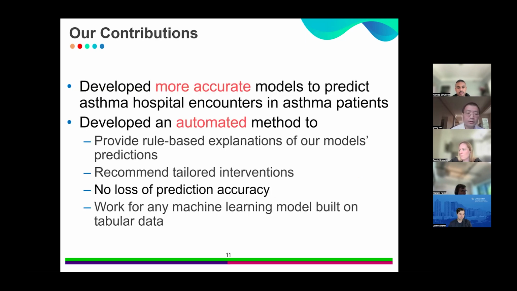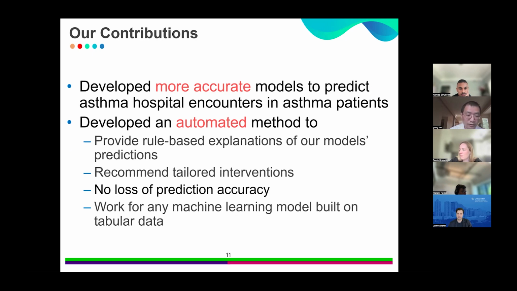So in our work, we make two contributions. First, we developed more accurate models to predict asthma hospital encounters in asthma patients. We also developed an automatic method to provide rule-based explanations of all models' predictions. So we do not only give the prediction result, we also explain why.